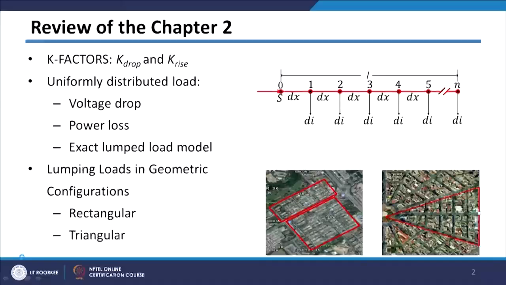In that chapter particularly we have seen two factors, those are K drop factor and K rise factor. We have seen that K drop factor is nothing but percent voltage drop per kVA per kilometer, and it is basically used to find out the limit of loading of your distribution system, or to find out voltage drops in the distribution system, or if you want to find out the conductor size, the K drop factor will be useful.